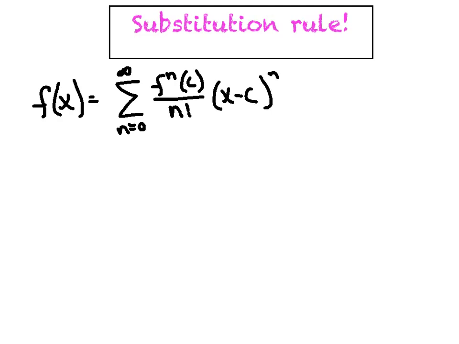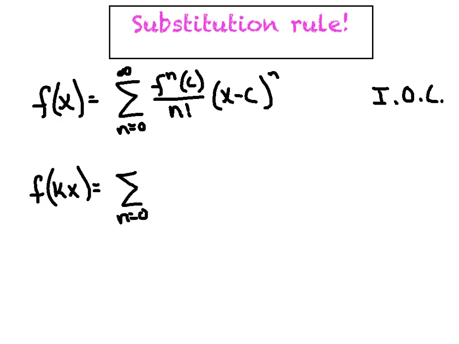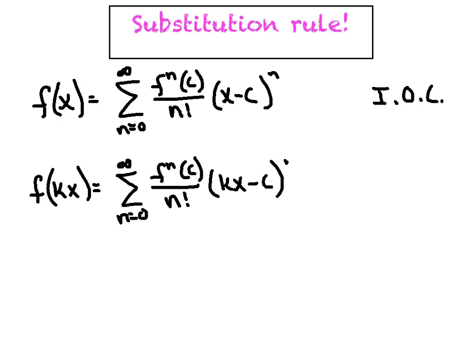If f's represented by that series, of course, within its interval of convergence, then we're allowed to say that f of kx is represented by this one. All we're going to do is substitute the kx in for x. That's all we're doing.